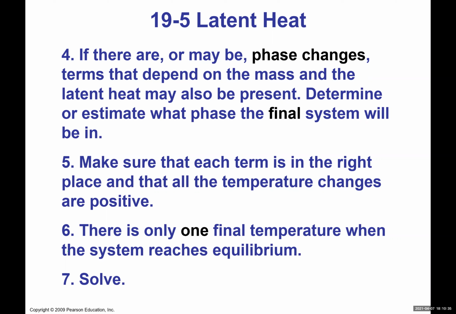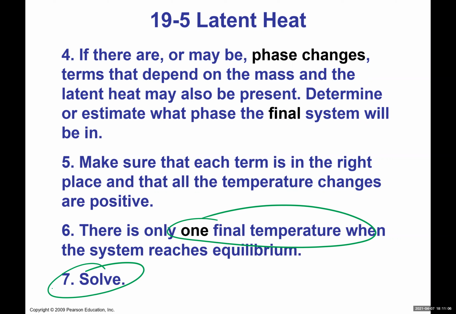Make sure that every term is accounted for, every type of energy. Is it changing temperature, changing phase, and all of those things. Okay, and a lot of times, if you leave all the objects within your system in contact for a very long time, there's going to be one final temperature for all of them. That means they will all eventually reach thermal equilibrium. So then we can use that to solve for that temperature or other unknowns in the problem.